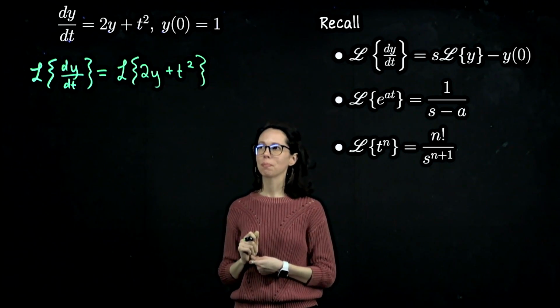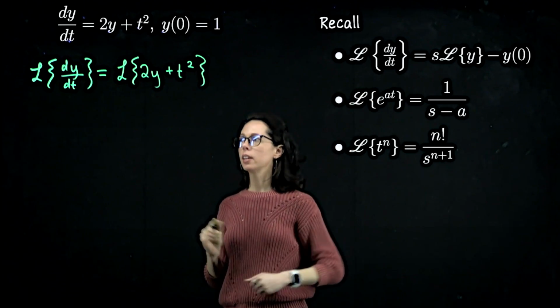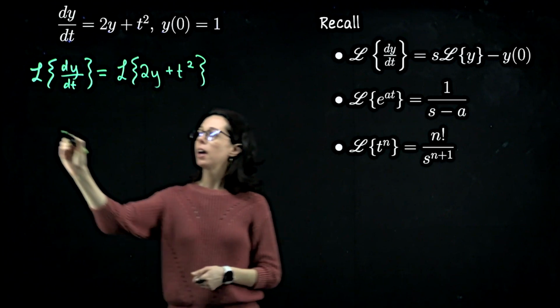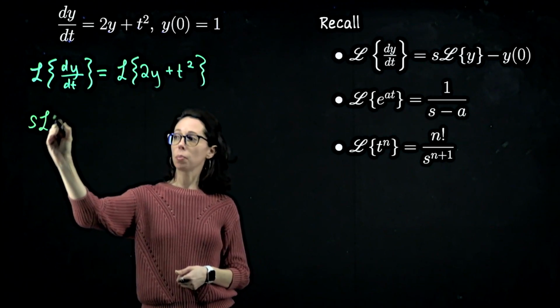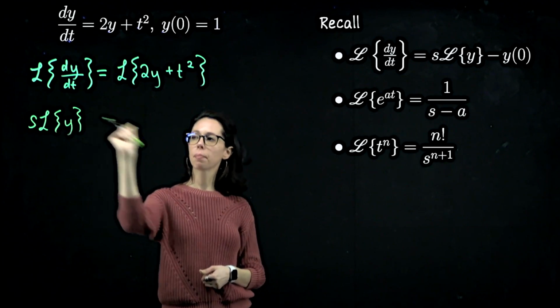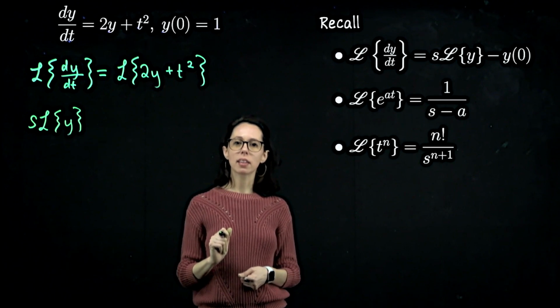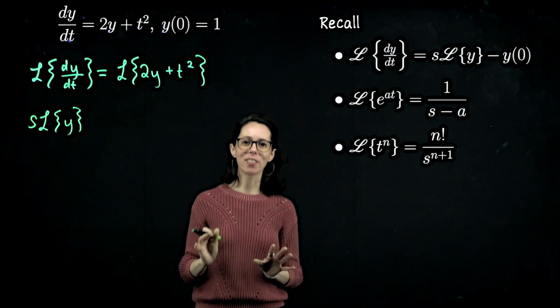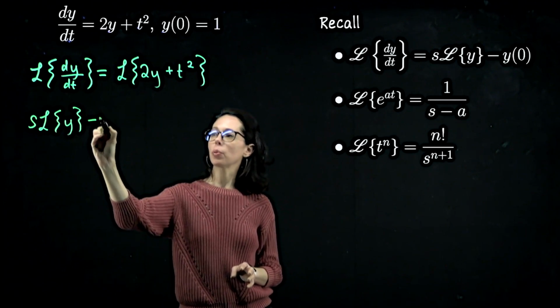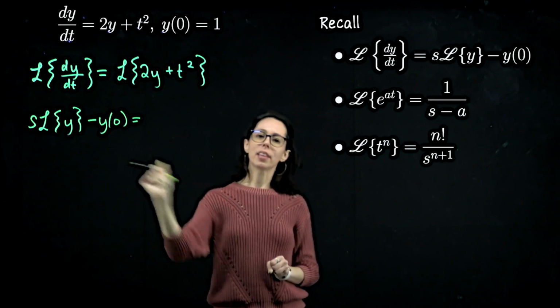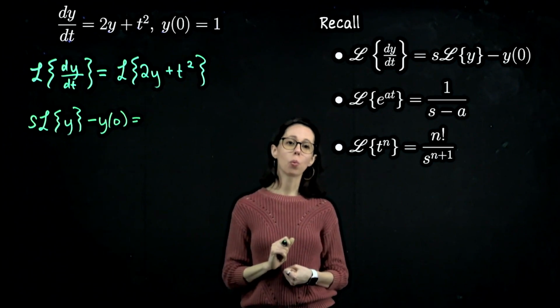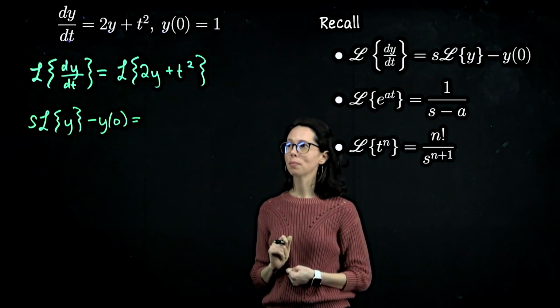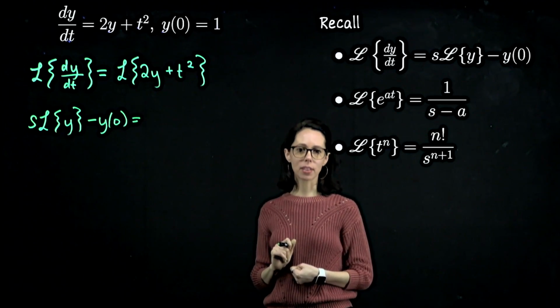Okay. From this first fact, the left-hand side can be written as s times the Laplace transform of the function we're looking for, minus, let me write y of 0, but we actually have that information. We know that's 1. So I'll start with y of 0, and on the next line, when I arrive at that term, we will write 1 instead. On the right-hand side, we're going to use linearity.